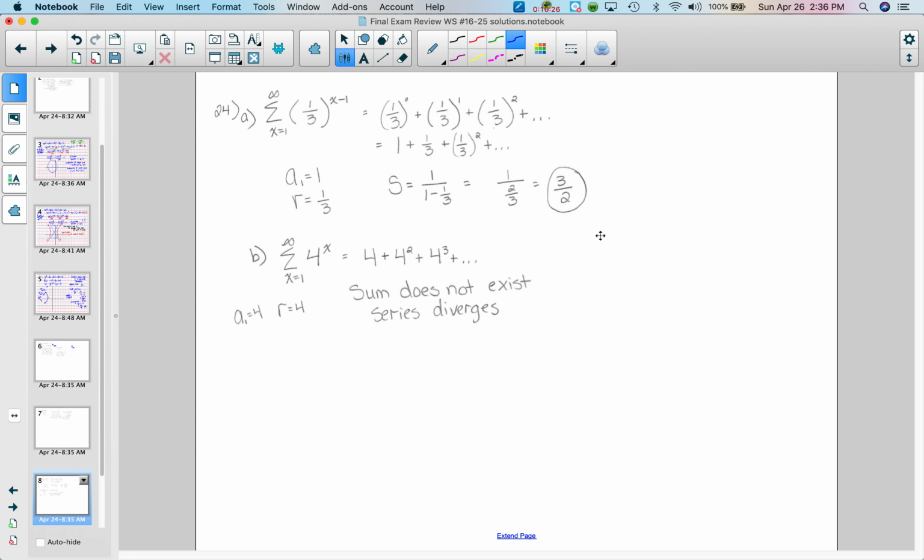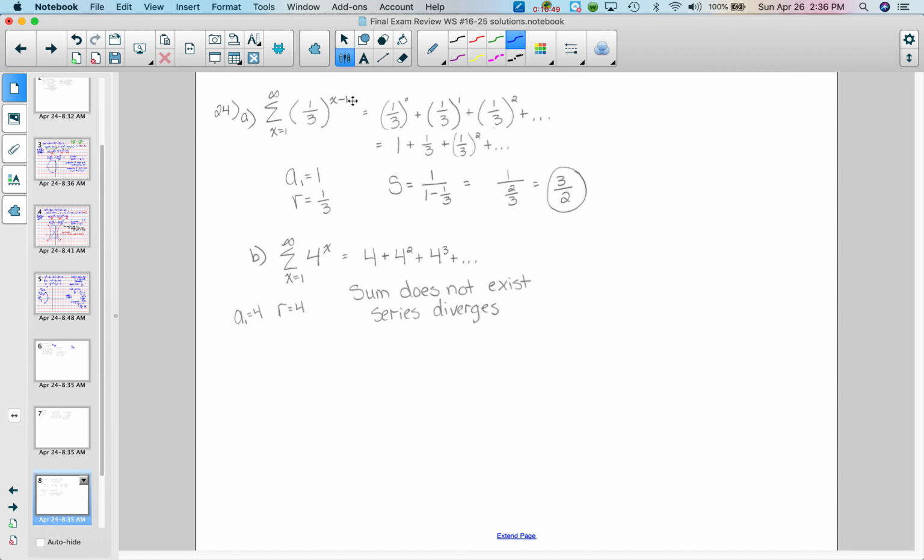On number 24, you are asked to find the sum of the infinite series. On this one, I'm just looking and thinking, why do I have a part B? Oh, there is a part B. Okay, so they didn't label it part A and part B. So we have an infinite series that we're looking at. So I have 1/3 to the x minus 1 power.